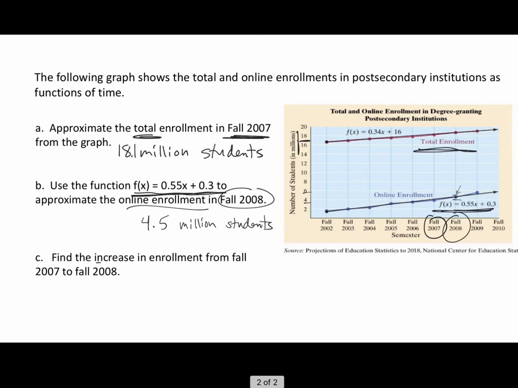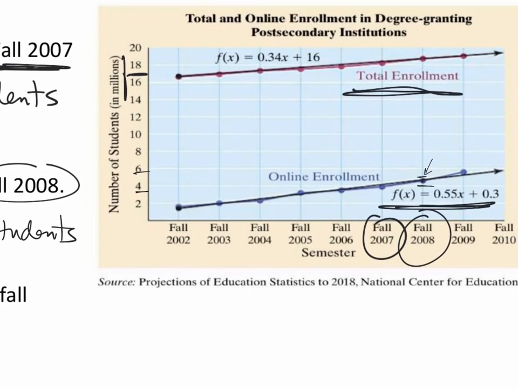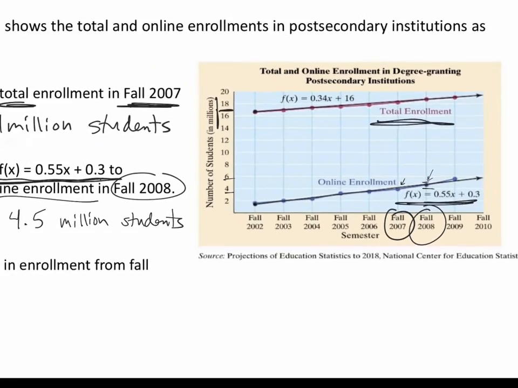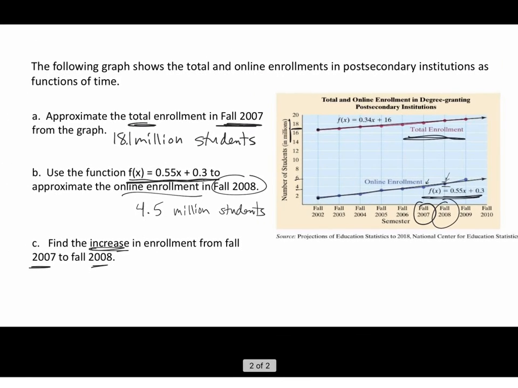And now we want to find the increase in enrollment from fall 2007 to fall 2008. So in 2007, we looked at the total, but now we just want to look at the online. So let's look at 2007 here. That looks like it's on the line of 4. So I'm going to say that that's 4 exactly.